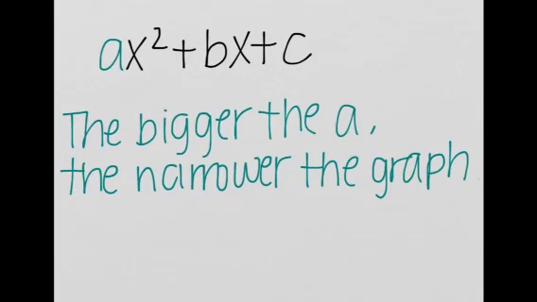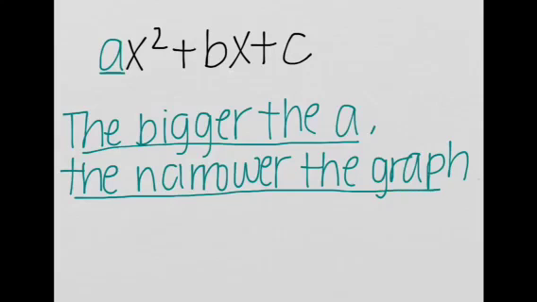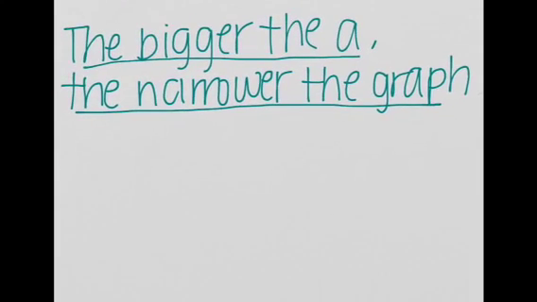Now let's look again at the ax squared plus bx plus c form, and again take a look at a. The rule of thumb is, the bigger the a, the narrower the graph. For example, if my a was 5, so my graph was like 5x squared plus 3x plus 2, then it might look like this.